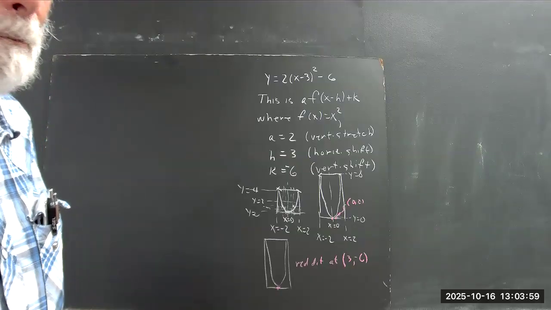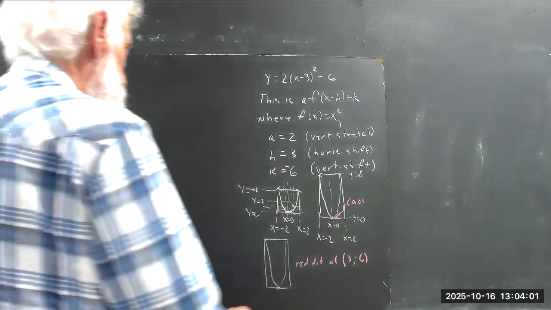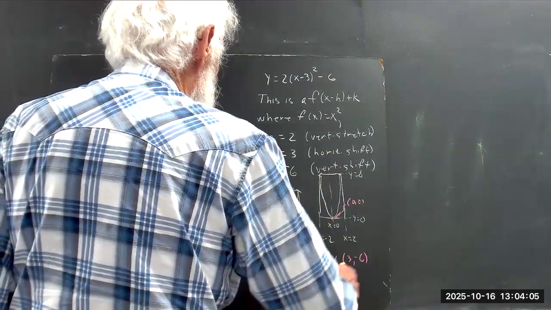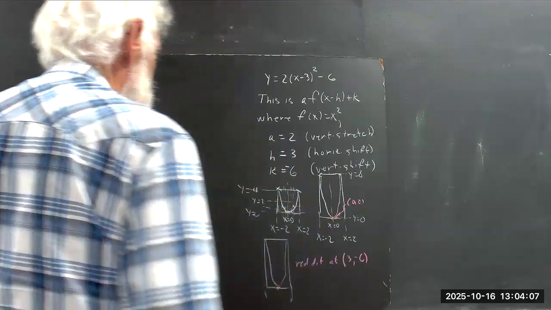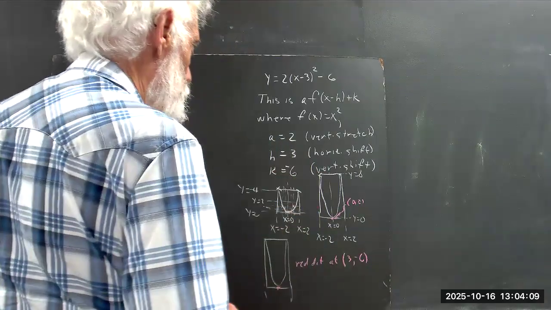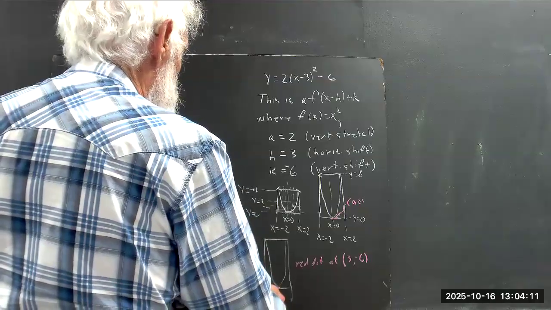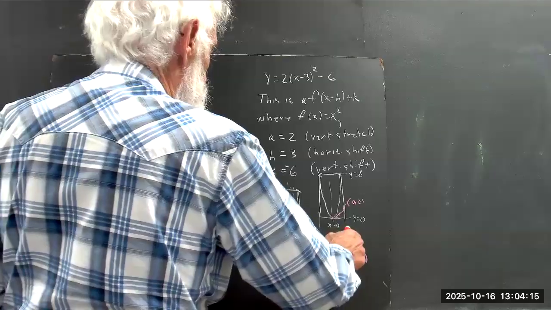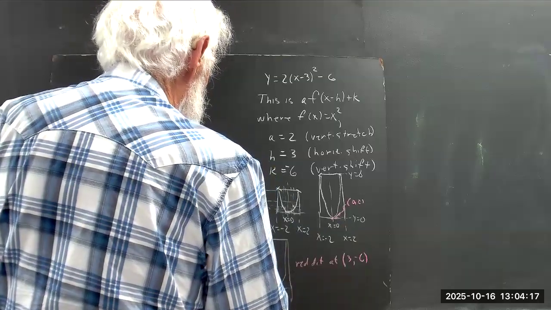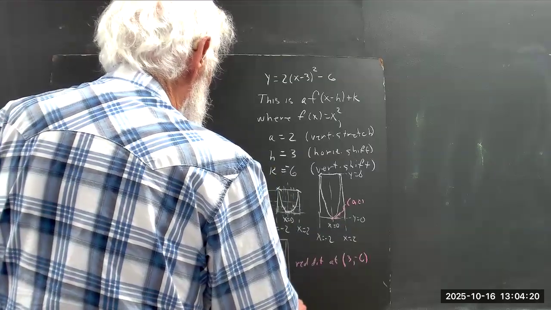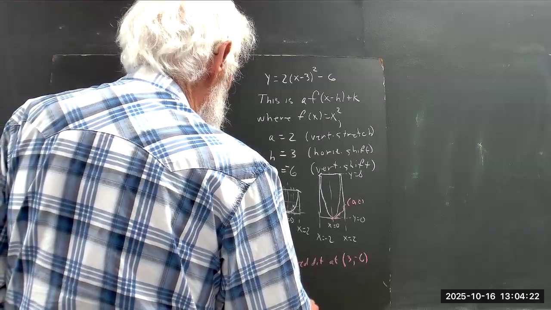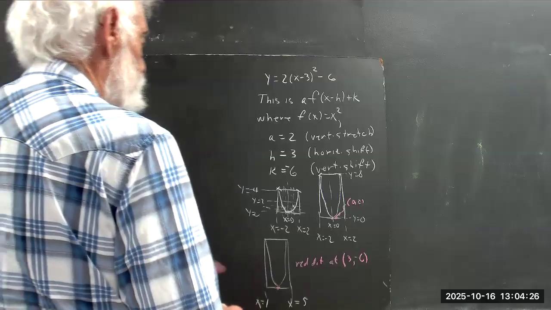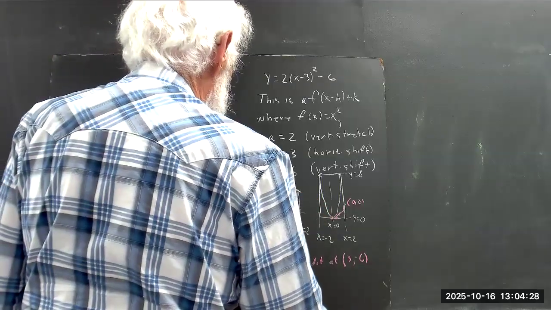Now let's estimate. Now you got to know that if this is 3, -6, the dimensions of this thing haven't changed, so that this corner is 2 units to the left of the vertex. This corner is 2 units to the right. So this is x equals 1. And this is x equals 5. Still 4 units wide. And y has gone down to -6 here.